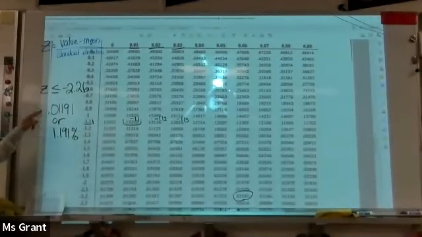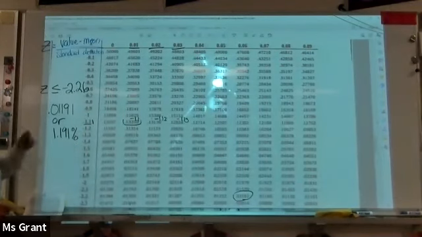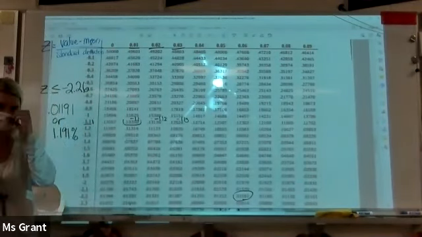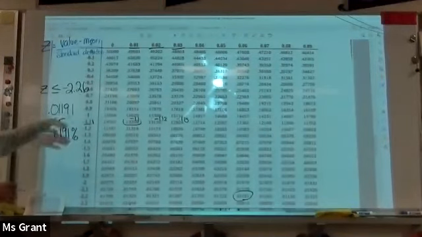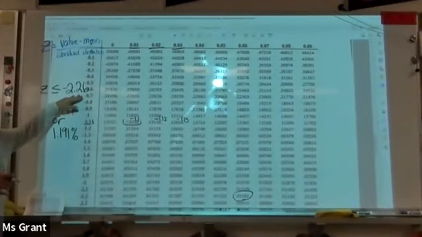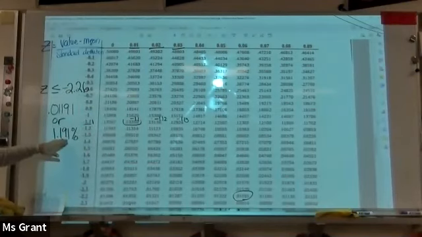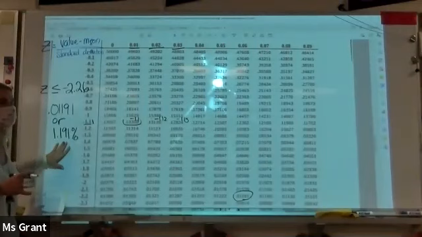If I change the decimal to a percent, this percentage means what percent on my distribution bell curve corresponds with negative 2.26. It corresponds with the value of 1.19%.